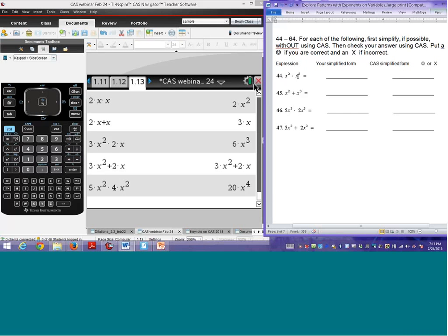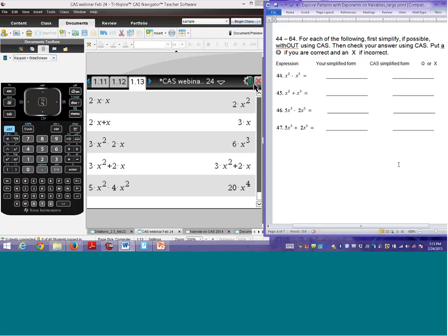If they had done this the traditional way, missed this problem, and missed every other one like it, they come to class the next day thinking they know it, and they don't, and they're mad for many reasons. They're mad at you, they're mad at algebra, they're mad at variables, whatever. So the CAS helps them get immediate feedback right away. It's like having a teacher sit next to them, but the good part is it's not a personal thing at all, and they're not embarrassed.